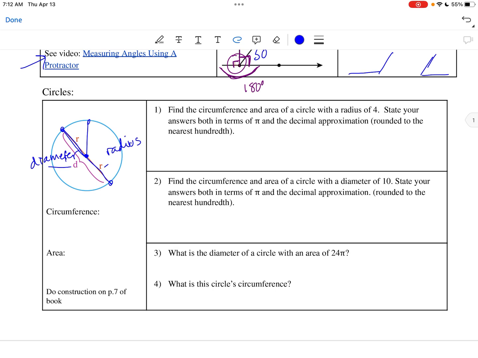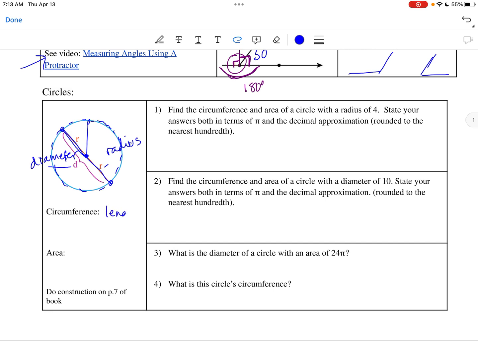And then we reviewed the formula for the circumference. So the circumference is the length around a circle. If you were to take a string and measure all the way around a circle, then uncurl it and measure it with a ruler, that would be the circumference.